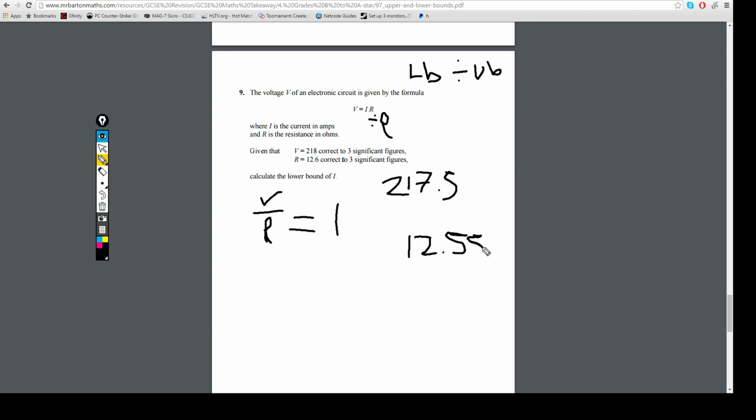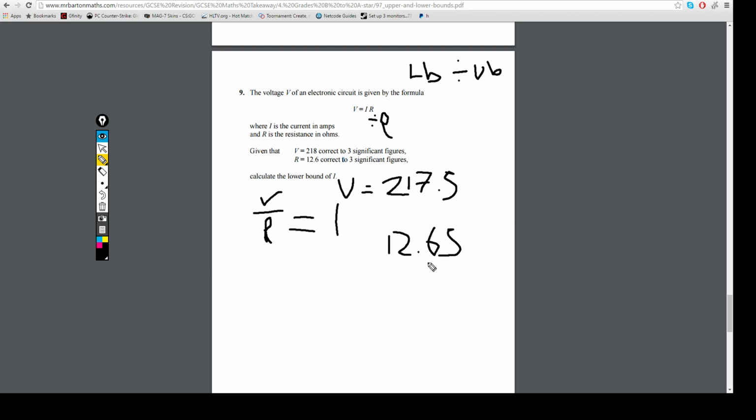Is it? 12.55. Yes, that is absolutely correct. So now we've found the lower bound of V, and I have made one mistake, right? We've actually got to find the upper bound of R because we're going to do this. So we've got to find 12.65 here, and that's our upper bound of that.